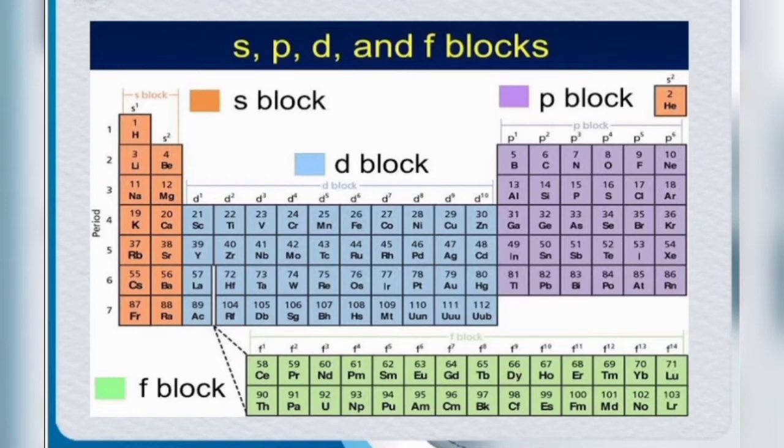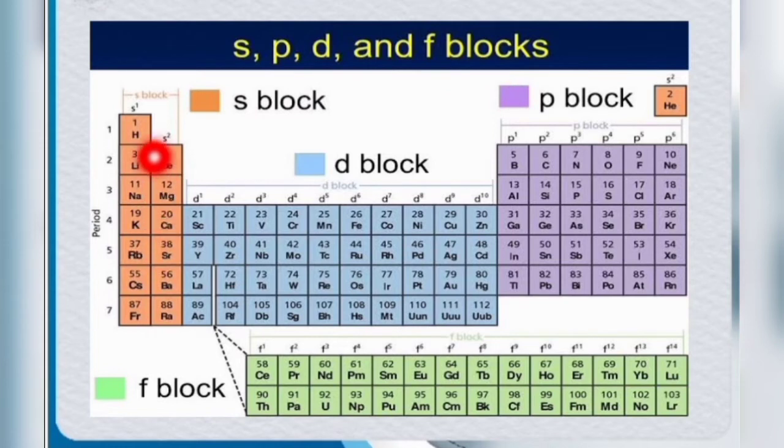As you can see, this is our periodic table, and it can be classified into 4 blocks: S, P, D and F blocks.